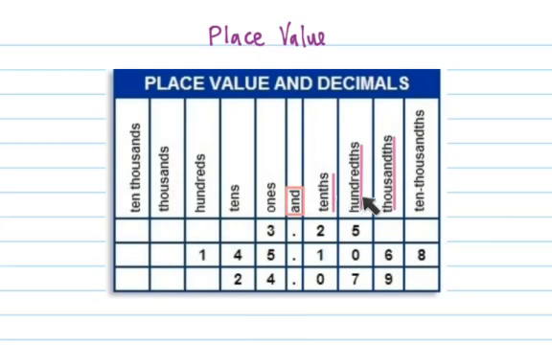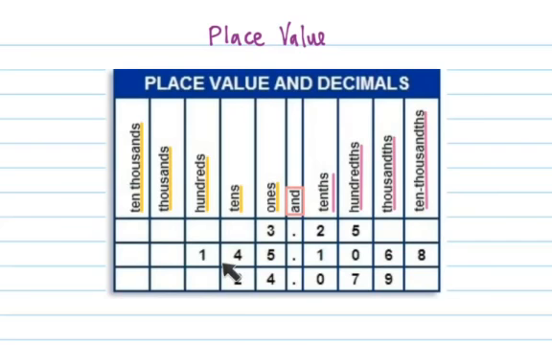After that, it's pretty much the exact same thing as we get up higher on this side. If you see on this side, we go from tens, hundreds, thousands, 10,000s. Same thing right here. Tenths, hundredths, thousandths, 10,000ths. On the opposite side, we have ones, tens, hundreds, thousands, 10,000s.